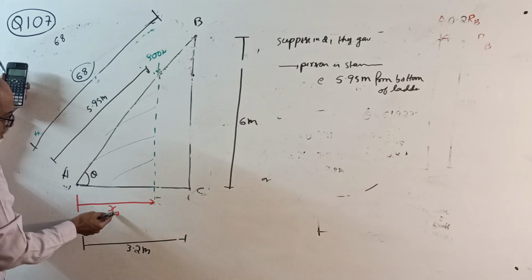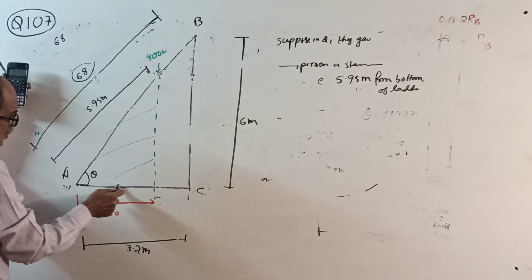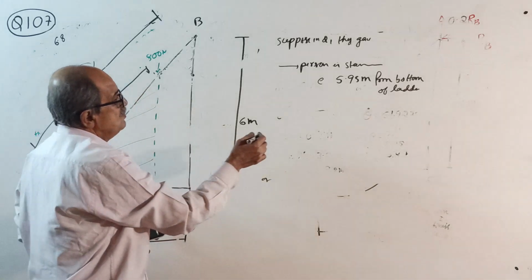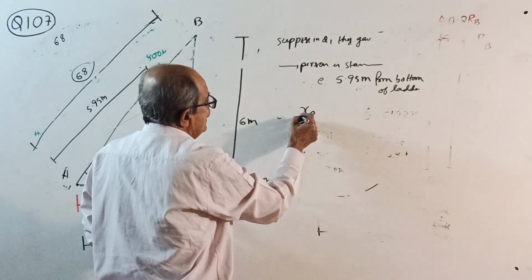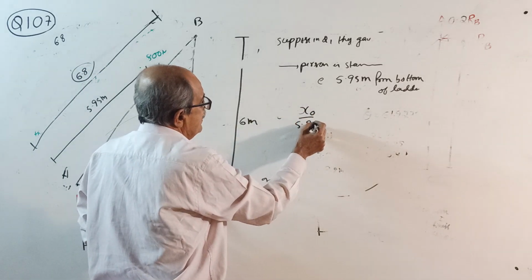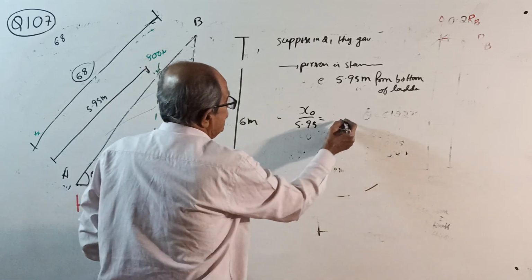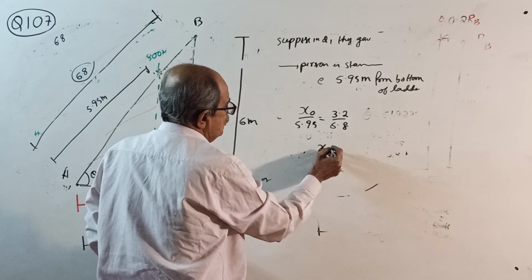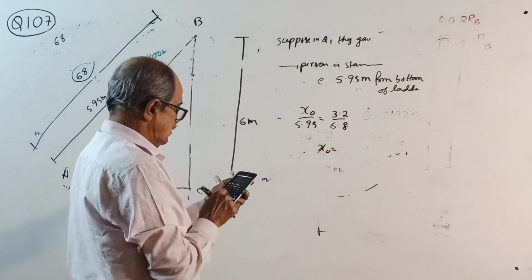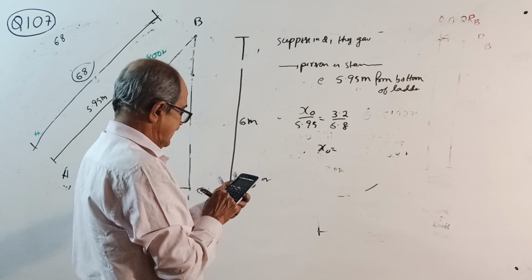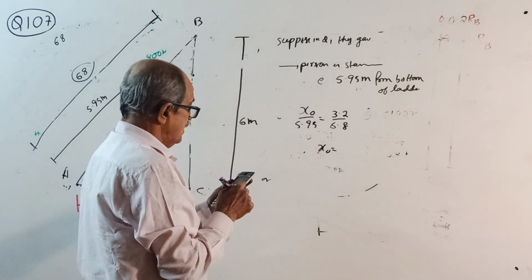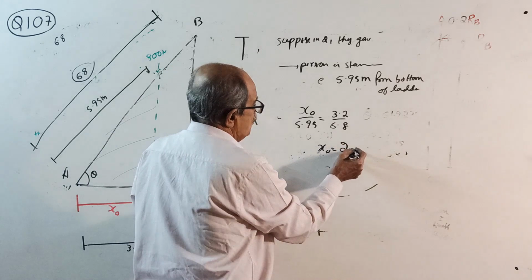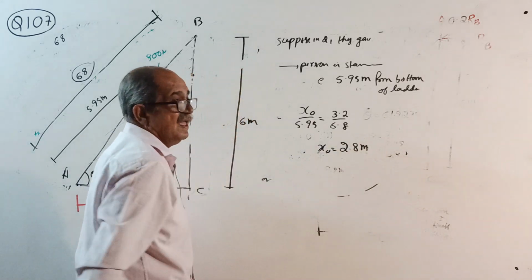Similar triangles will give you x naught divided by 5.95 equals 3.2 divided by 6.8. Directly you get x naught: 3.2 by 6.8 into 5.95, which becomes 2.8 meter. What we wanted, we got 2.8 meter.